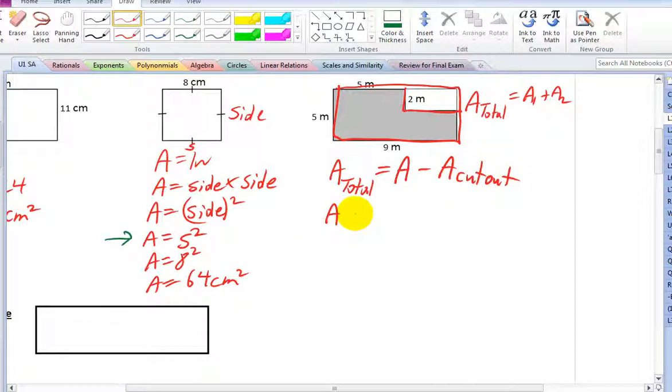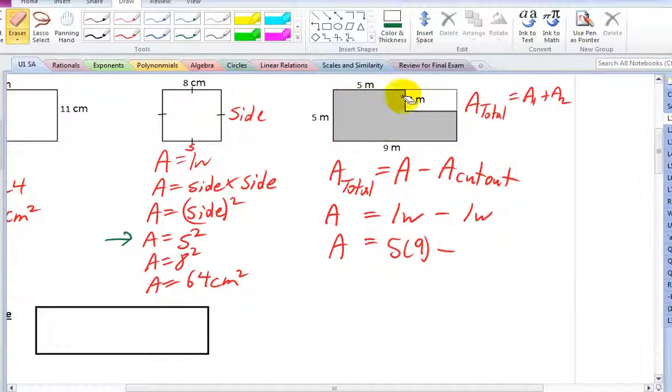So we have here the entire object would be length times width minus length times width, having different lengths and widths. So the large one would be 5 times 9. Okay, so you can use a multiplication sign or brackets. Okay, so it's 5 times 9 using brackets, minus, the 2 I see, but what would be the other dimension? Well, this here is going to be 9 minus 5, 4.